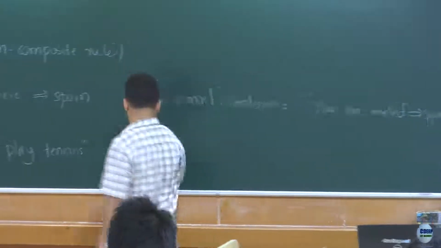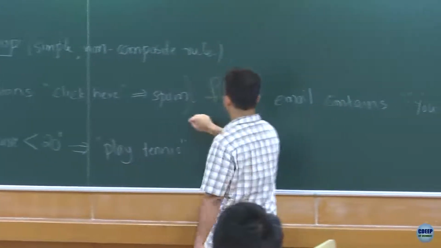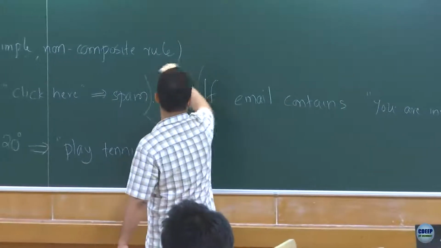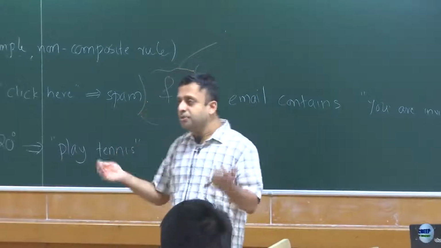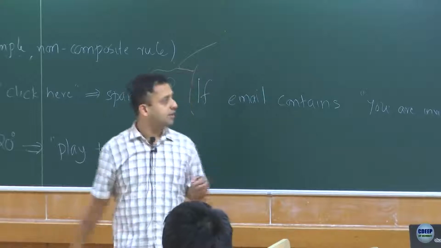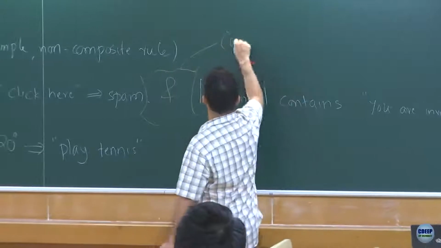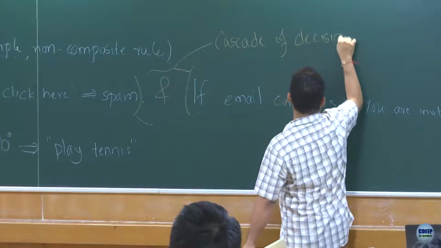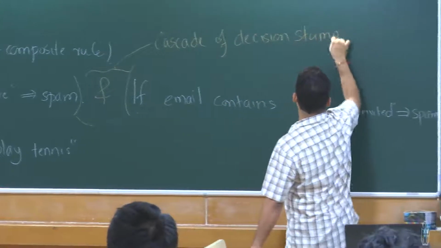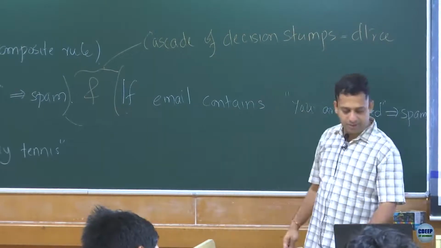Now think of composing these two. A composition of decision stumps in a particular way gives you a decision tree. So it is a cascade, and the cascade is in a particular way, and we'll talk about that.